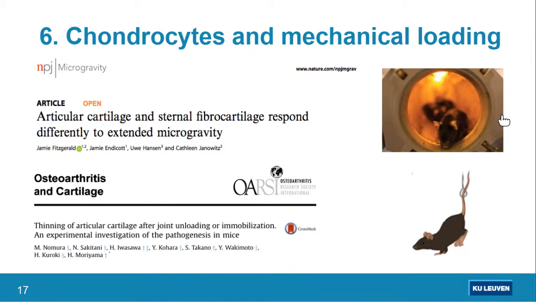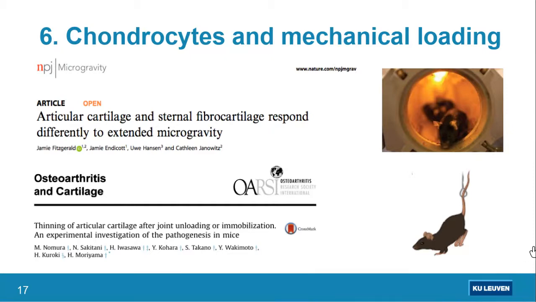So because mechanical loading was not applied to these rats, the cartilage was degraded. And then in this second experiment, they kept the mice, like you can see here in this picture. So the legs in the back were not submitted to loading, and they observed a thinning of articular cartilage in these limbs because of the immobilization.